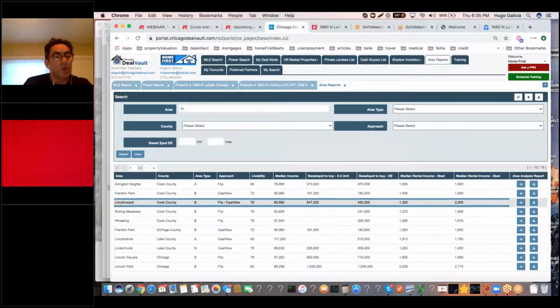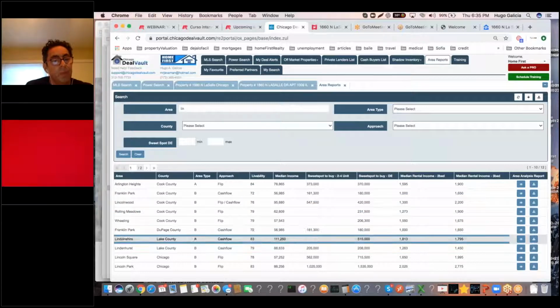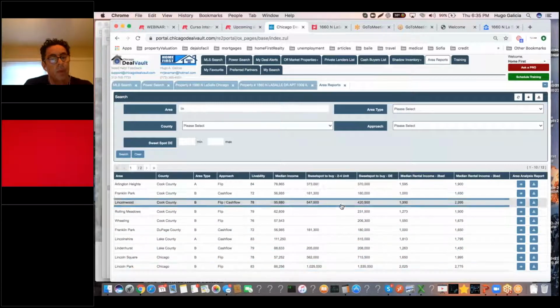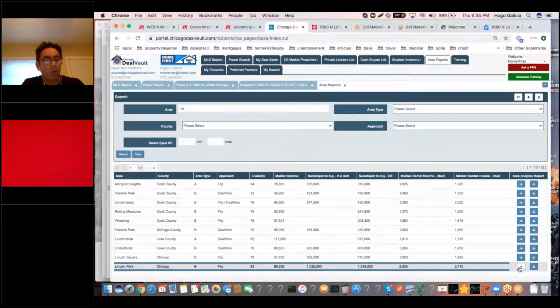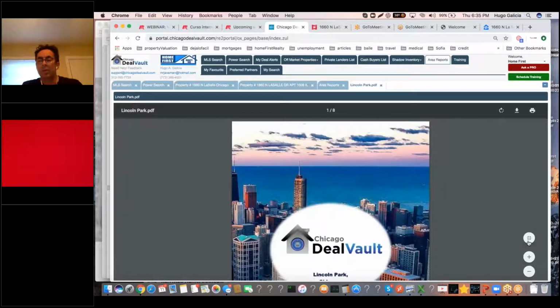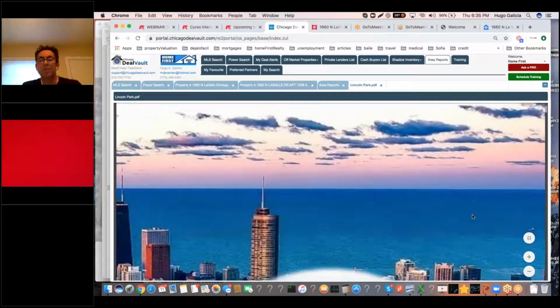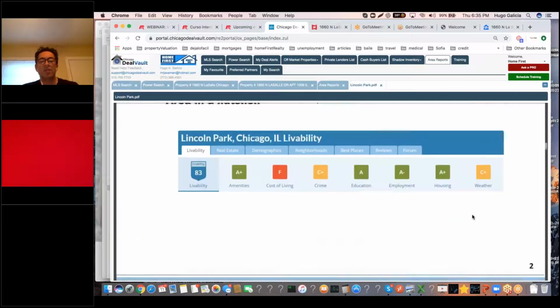Okay, so let me just show you Lincoln Park. Let me just open up the report for Lincoln Park. Right here. So the first thing that I'm going to do is scroll down because this is going to give you a lot of details about the area.